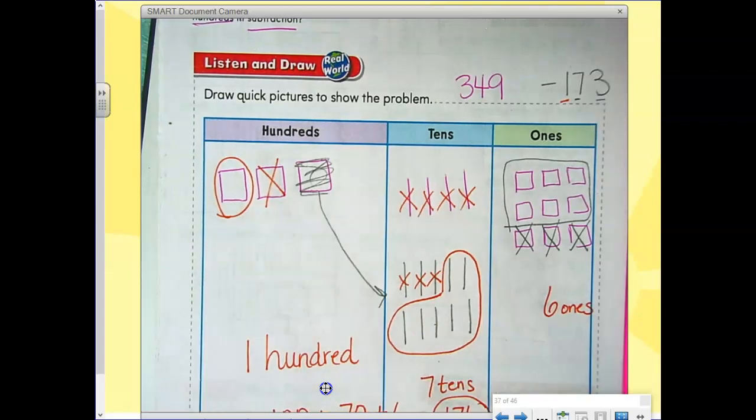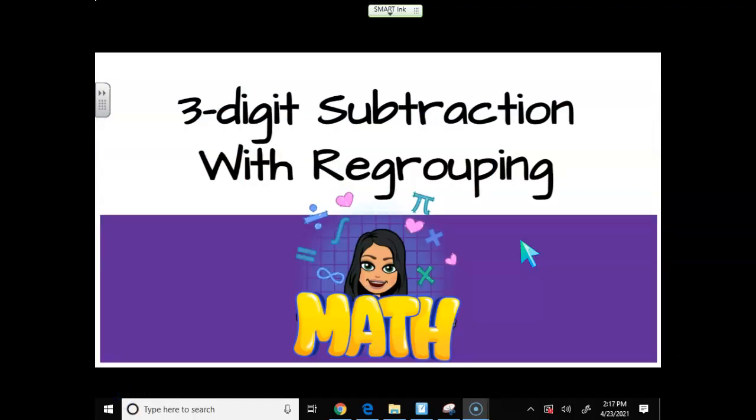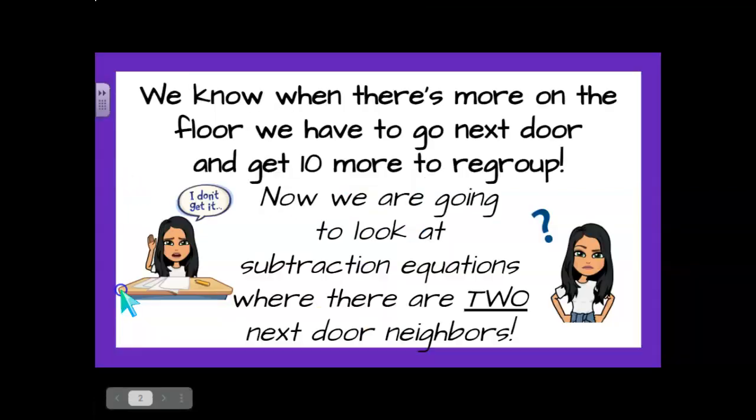All right, let's look at a Google slide to review that. Okay, 3-digit subtraction with regrouping. Let's go through the steps. We know when there's more on the floor, we have to go next door and get 10 more to regroup.